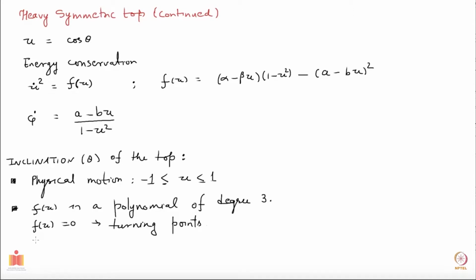So your fundamental theorem of algebra tells you that there are 3 roots for the equation f of u equal to 0. Okay, we'll try to see whether, see, the roots are in general complex, so it's not guaranteed that your roots will be real.